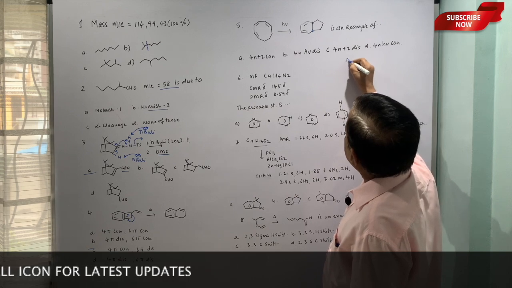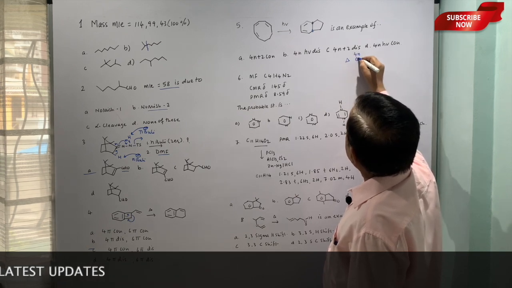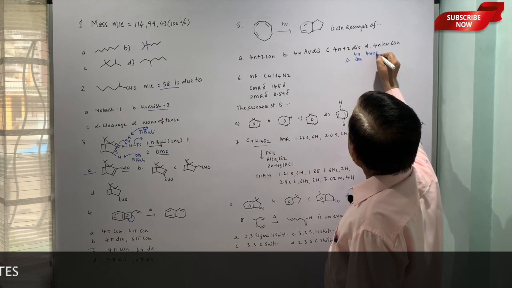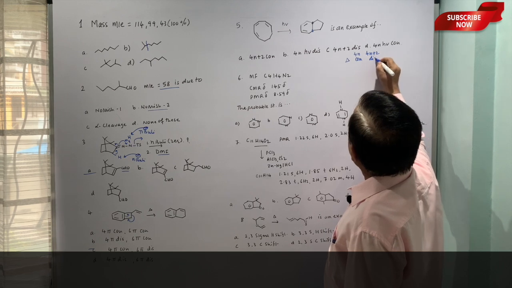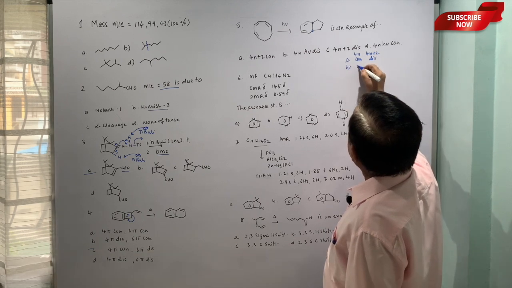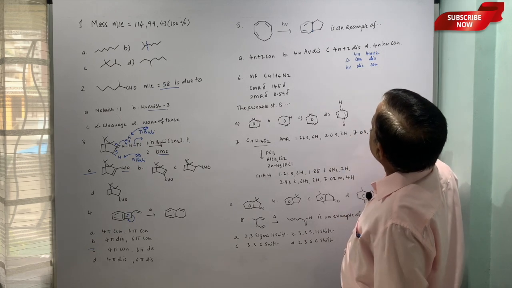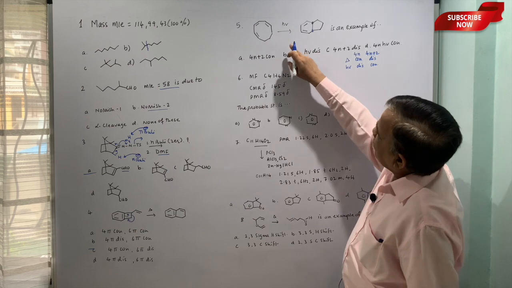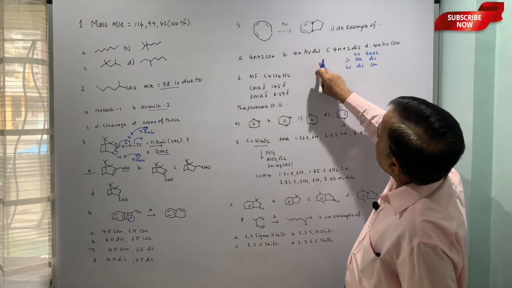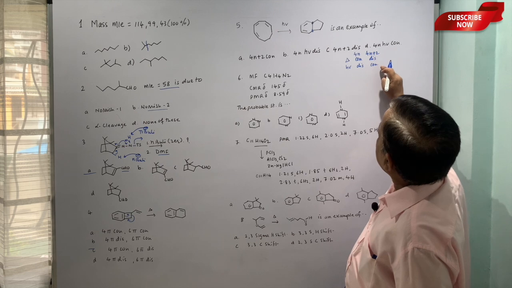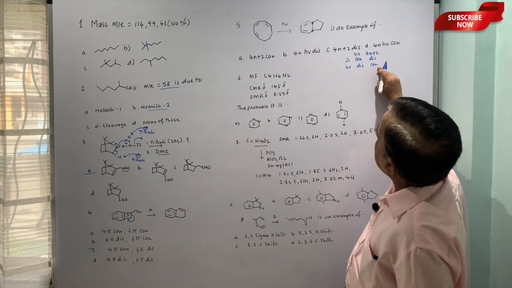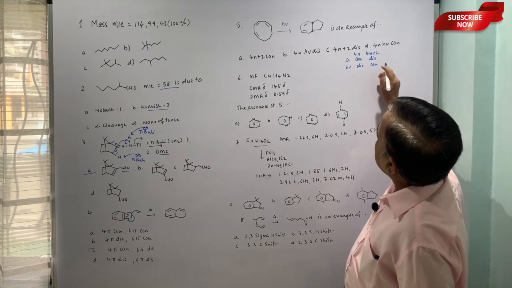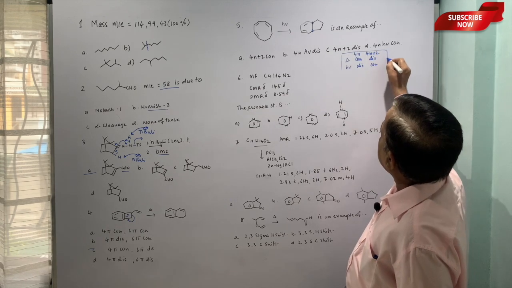We know that thermal 4n is con, and 4n plus 2 photochemical is con. So 4n plus 2 photochemical has to be con. This chart you have to remember, that's all.